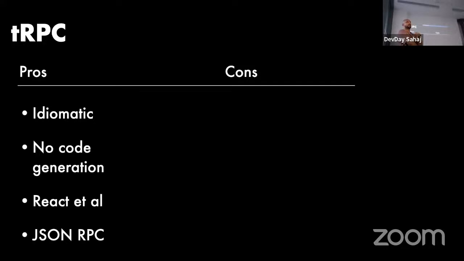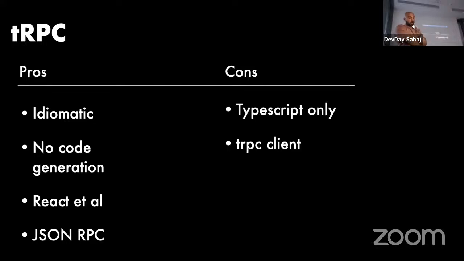Internally, it uses JSON RPC, not exactly JSON, but it wraps around like a JSON RPC. So it is readable. The tools can work with it quite decently. Cons: TypeScript only.